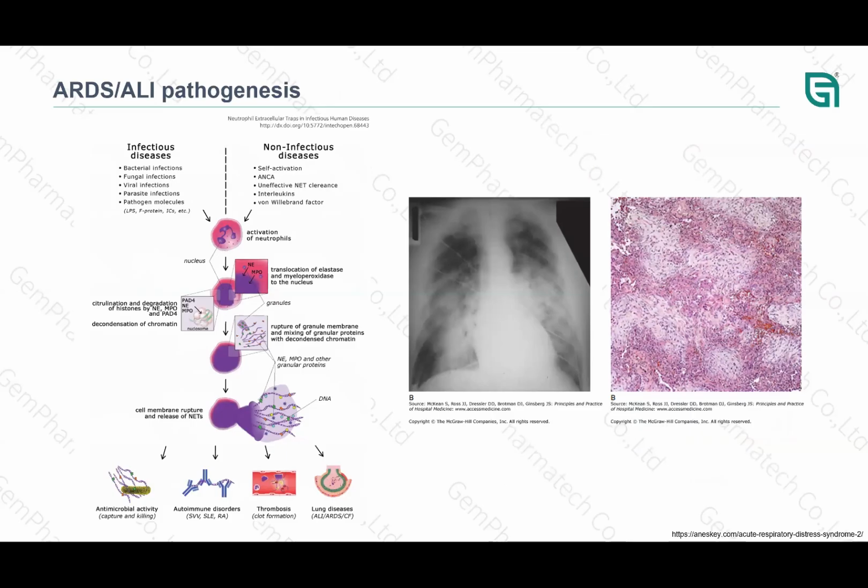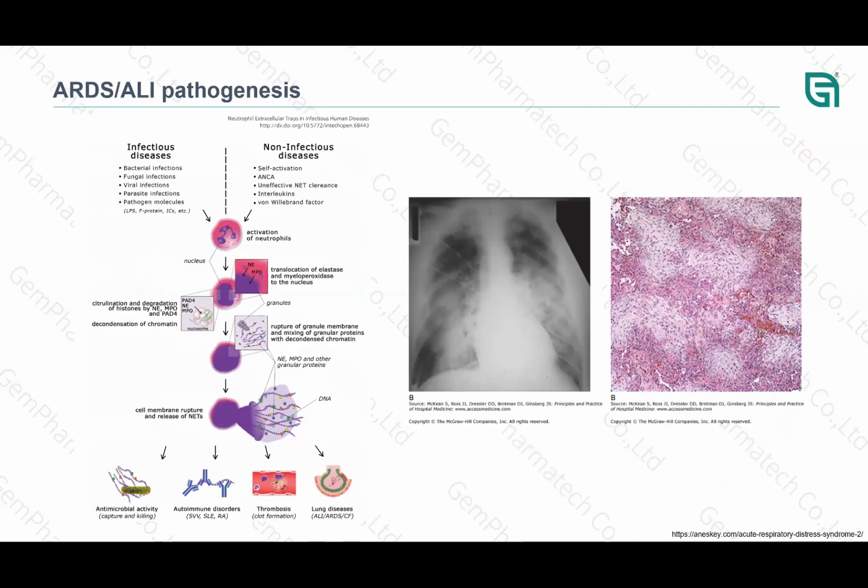ARDS arises from infectious or non-infectious insults that trigger a dysregulated lung inflammatory cascade with neutrophils as the key mediators. Initial stimuli activate the alveolar macrophages, which secrete chemokines to recruit neutrophils to the lung.